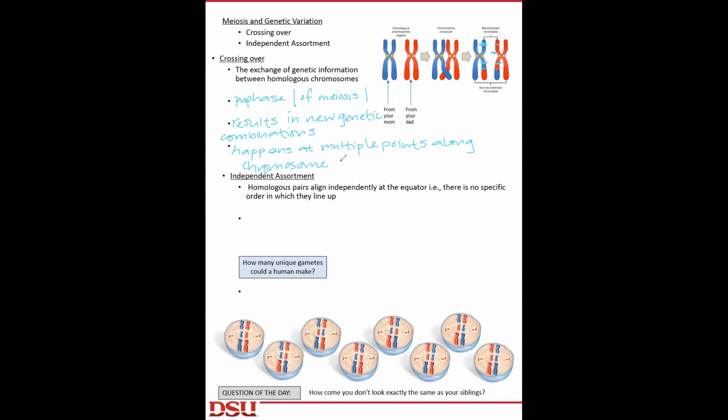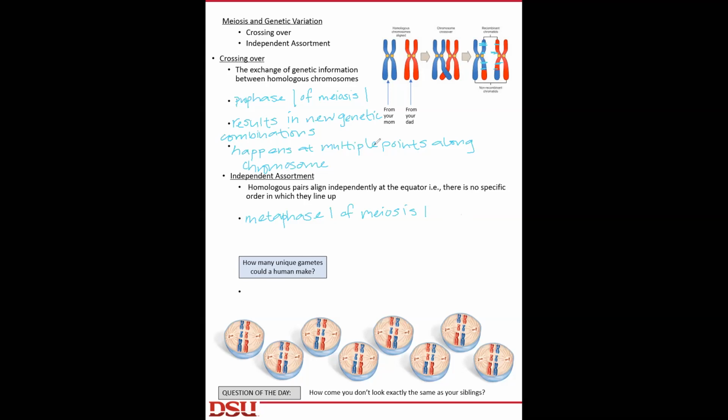So, independent assortment. We know that this is happening in metaphase 1 of meiosis 1. Okay, and this is where, again, those homologous pairs, these guys, line up independently at the equator of the cell.